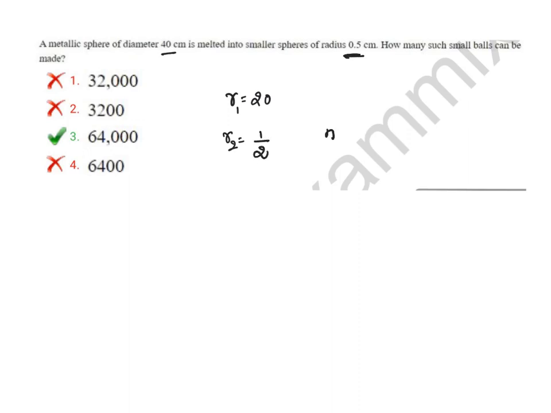The number of spheres is the volume of the larger sphere divided by the volume of the smaller sphere. Volume is 4 by 3 pi r cube, so it becomes 20 cube by 1 by 2 whole cube. 20 cube is 8000, and 1 by 2 whole cube is 1 by 8. Therefore it becomes 8 into 8000, which is 64,000.